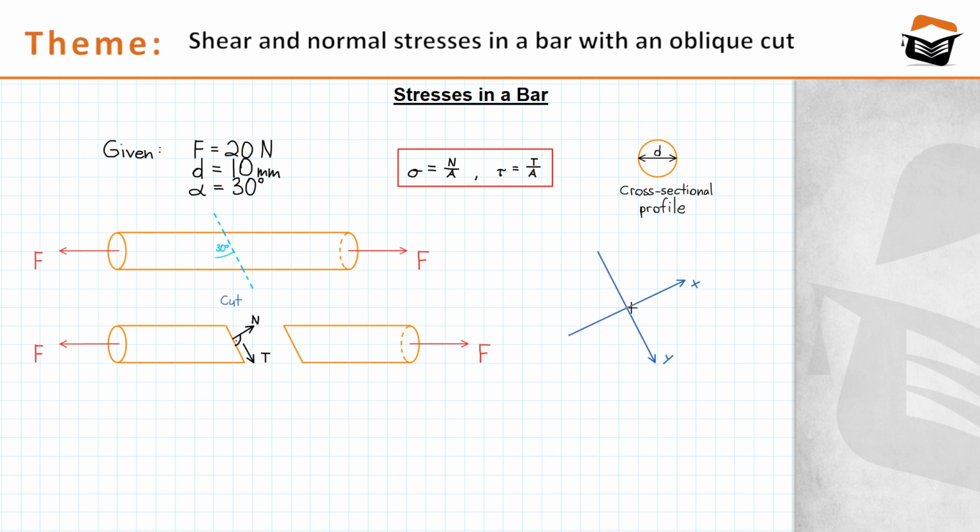And if we have that coordinate system, the normal force will be aligned in the x direction, as shown here. That's my normal force. And the tangential force will be aligned with the new, or let's say the rotated, y-axis. And the y-axis is pointing to the southeast.